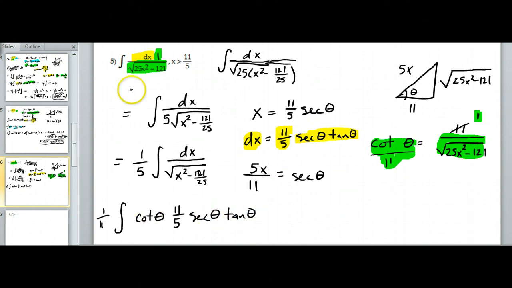Alright, now first thing that's going to happen is cotangent and tangent wipe each other out. This 11 and this 11 wipe each other out. And this thing cleans up rather nicely to 1 over 5. Pulling this 5 out front, the integral, 1/5 the integral of, the only thing left here is the secant. Don't forget your d theta. So 1/5 the integral of the secant theta, d theta.